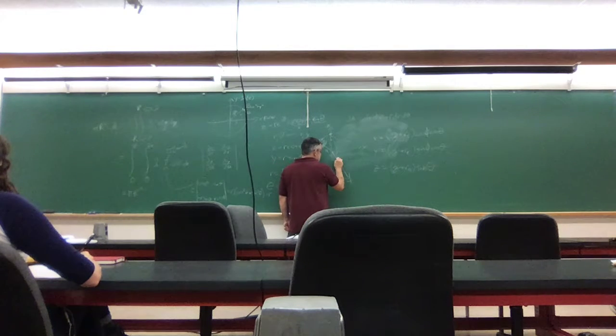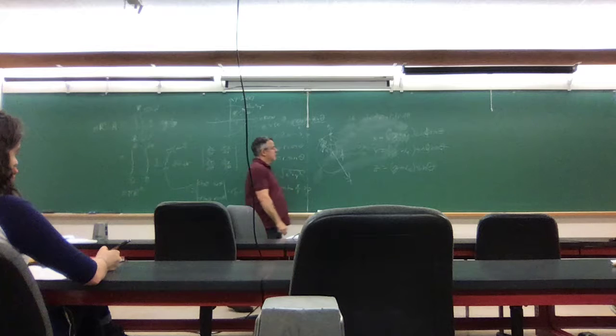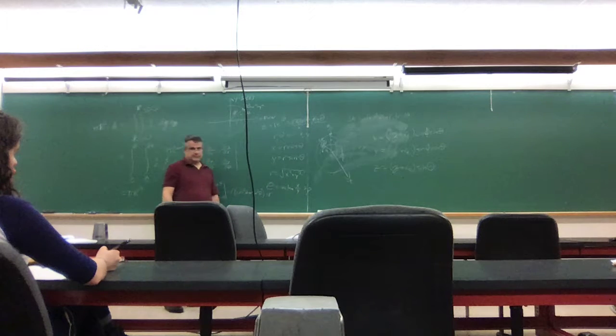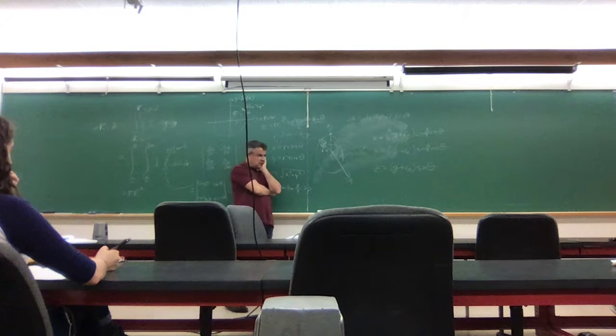So phi is measured going around this way. Where is theta measured from? X to Z or Z down to X? Yeah. So how can we figure out which one it is? Let's look at this one.